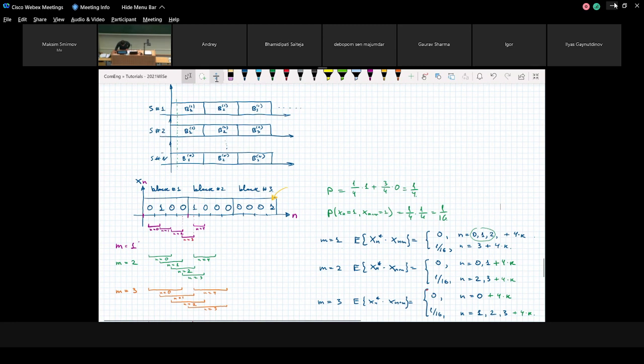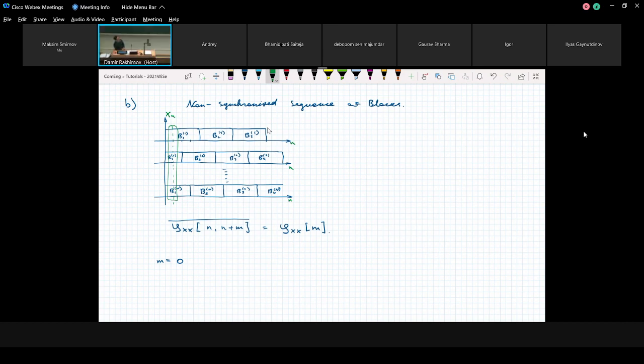As a result, when you shift, you don't change any properties. You have just the same probability that you encounter one, as if you would just analyze the sequence. For m equals 0, the probability doesn't change. It's equal to 1 by 4 to encounter a one.